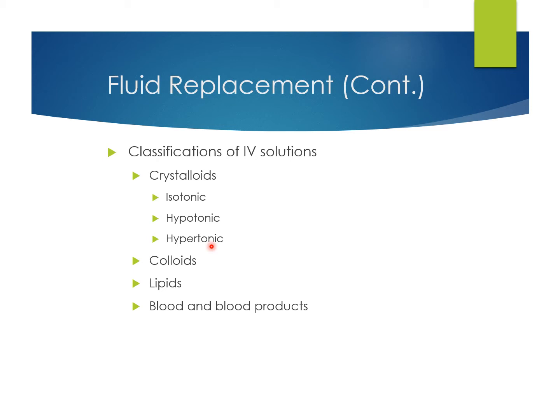But anyway, another one that we have is lipids. So yes, you will actually give somebody fat. If a patient can't take any PO intake, any kind of nutrition, after 7 days, you're looking at possibly starving somebody.